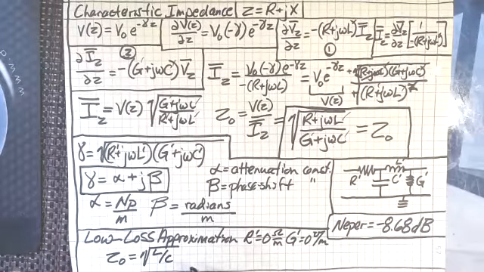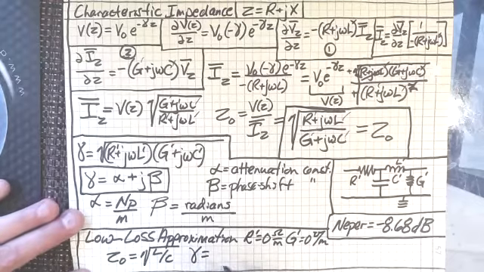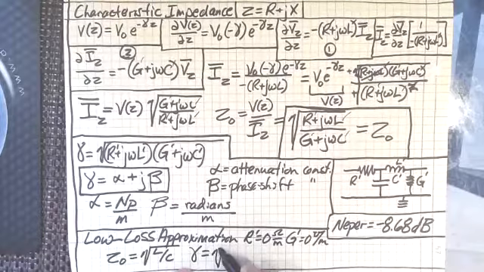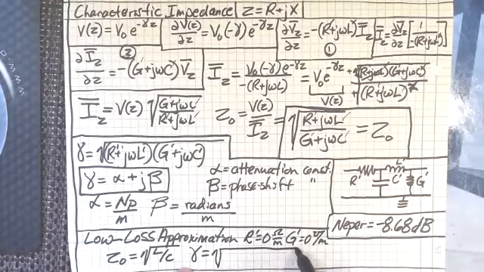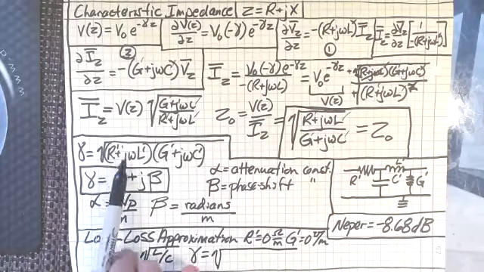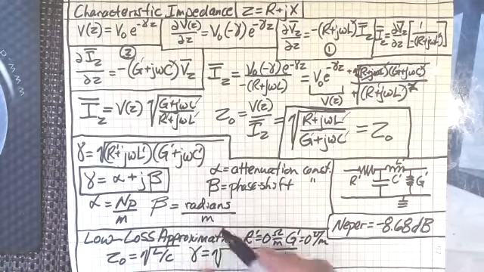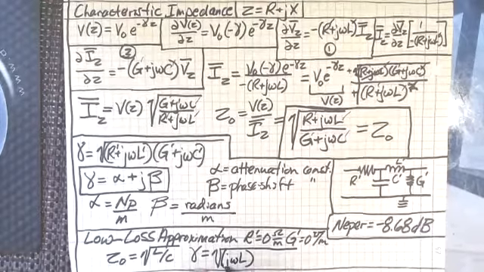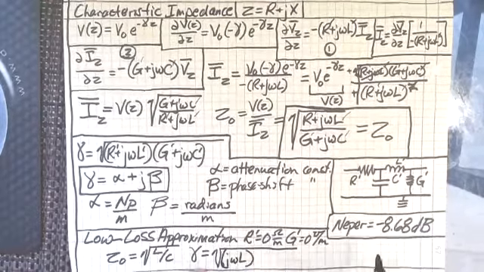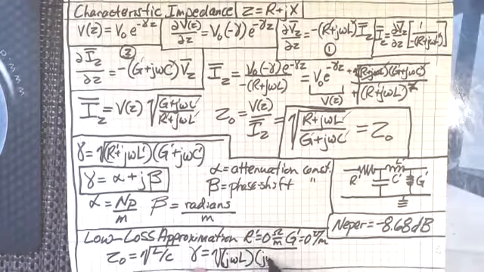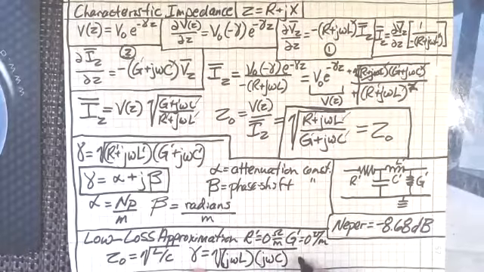And what happens to the propagation constant? The propagation constant is now the square root. Let's look at it. Where is that propagation? Here it is. The square root of 0 plus j omega L, right? That's a j. Times G, which of course is a 0, times j omega C, right?